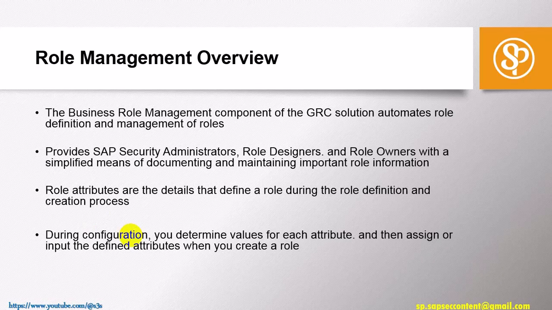So it's a configuration: we create the predetermined values. Since it is a manual process, if it is a new value, we prepare a new template. Since this is an automation process, during the configuration itself we perform the configuration steps for whatever values are necessary, so that we can select them from a drop-down while creating the role.